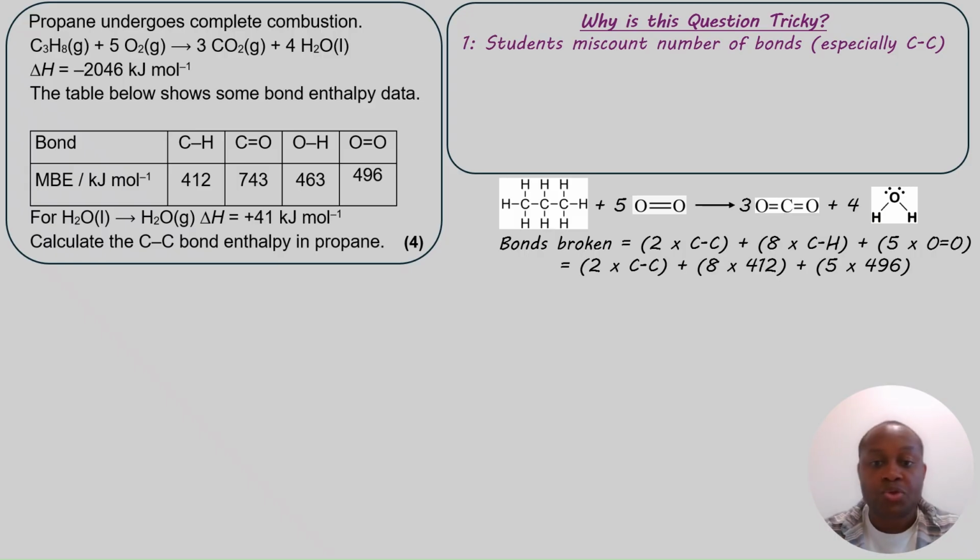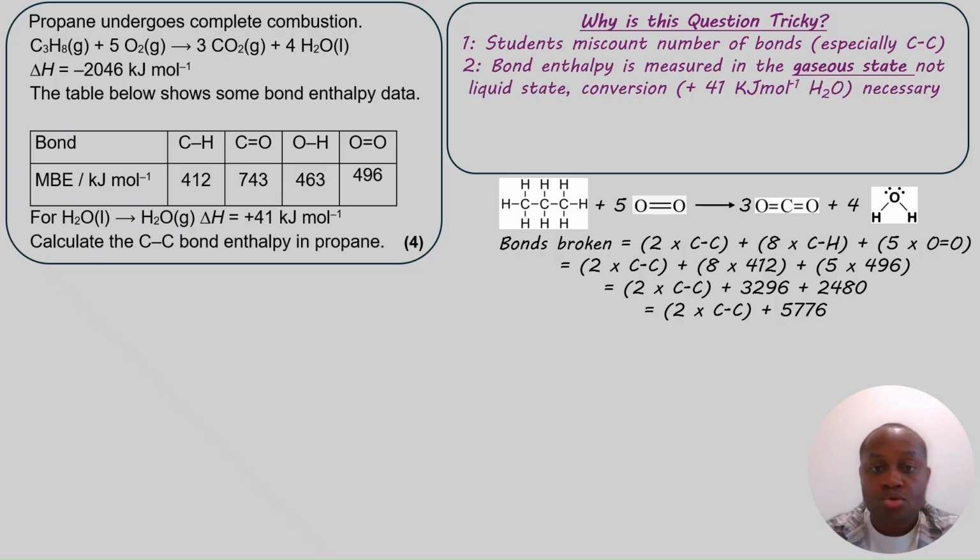Then we will do 8 times 412 plus, again in brackets, 5 times 496. If we sum that up, we will get 3296 plus 2480, and when we add that up, we will have 2 times the carbon-carbon single bond plus 5776. I've taken the time to do this separately, and then we are going to do the bonds made separately, and then we're going to add them together.